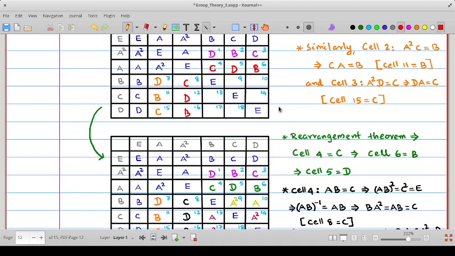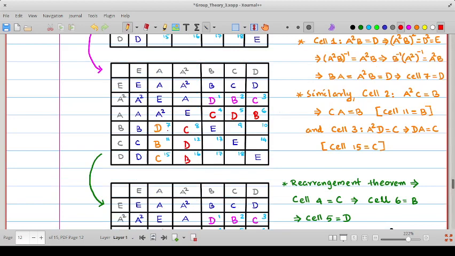So now we look at cell numbers 9 and 10. Already we have B, D, C and E here, and C, B and D here. So the possibilities for cell numbers 9 and 10 are in fact A and A square. Could be A and A square.